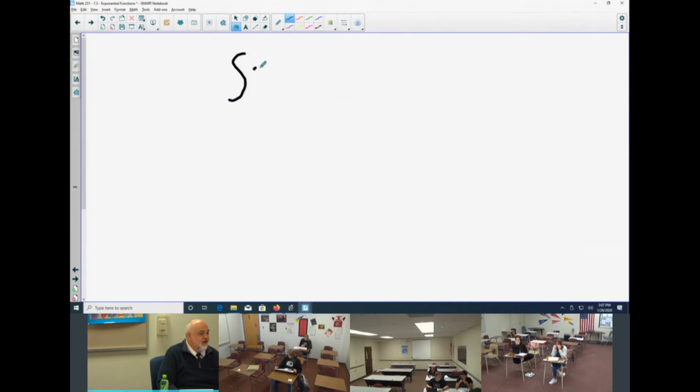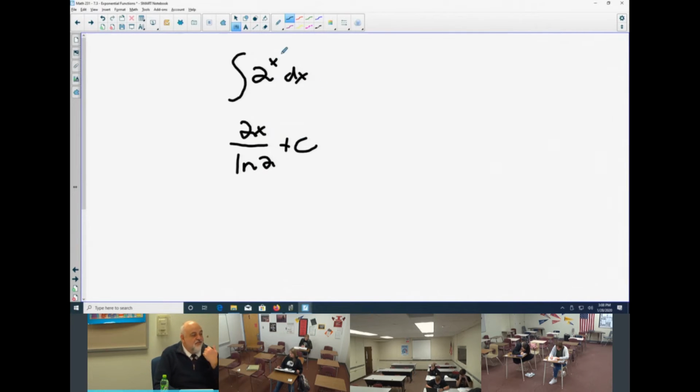So if we had the integral of 2 to the x dx, then you say, well, that's going to be 2 to the x, and then it's divided by the natural log of 2, and then your plus c at the end. Okay?